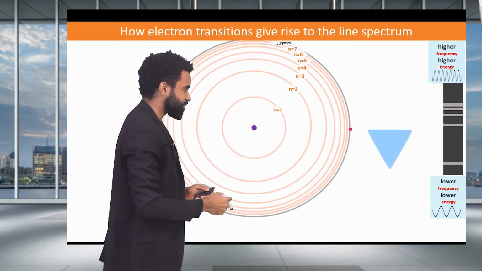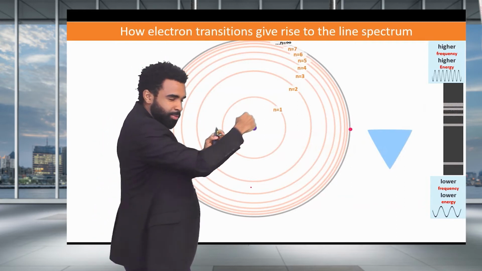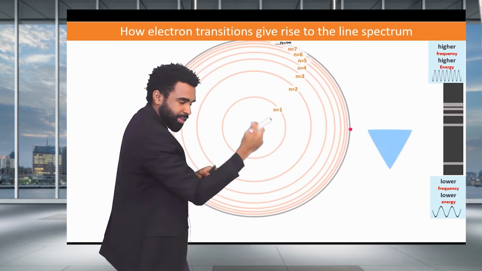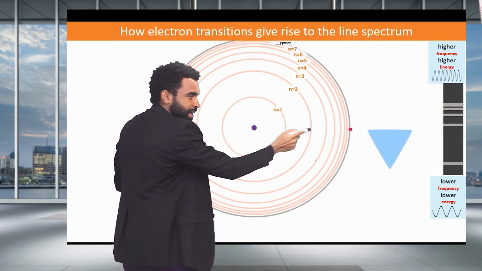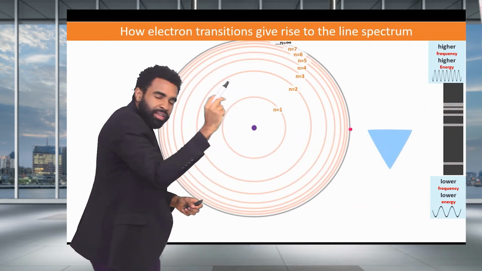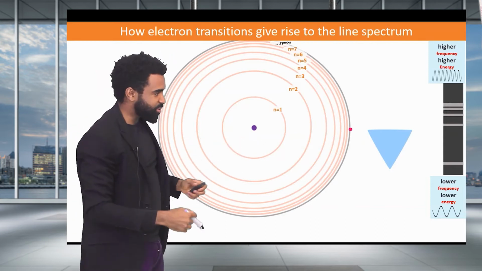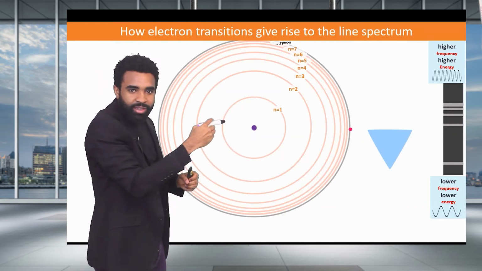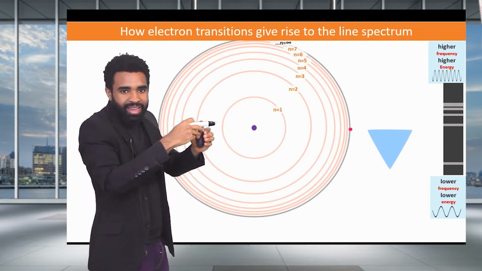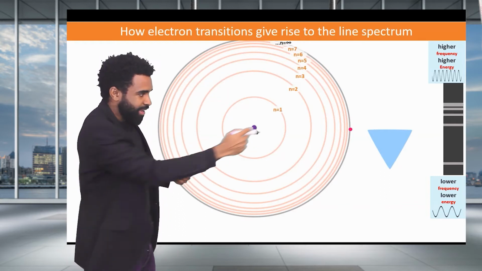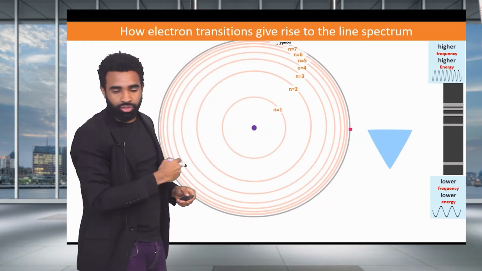And then we can imagine that if we just keep going on and on and on, these drops get closer and closer together. We can imagine then the electron dropping from very close to n equals infinity, right? Because you can never quite get to infinity. But when it's close to n equals infinity, it has basically left the atom, okay? And that is basically going to be the highest energy drop possible.